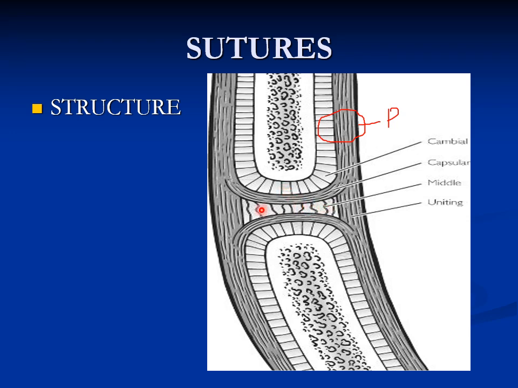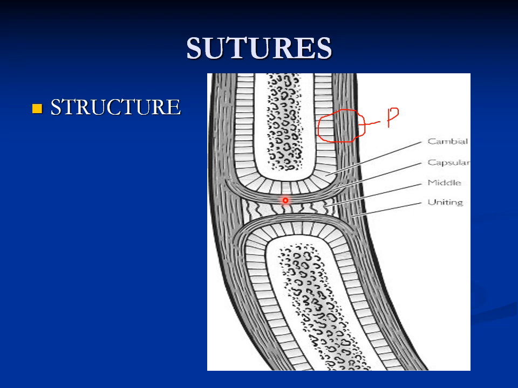So now if you see here, for making a fibrous component of a joint along with that middle sutural ligament, there is also the fibrous component of the capsular and cambial layer of the periosteum covering those bones together.